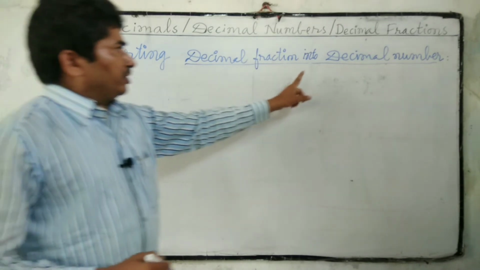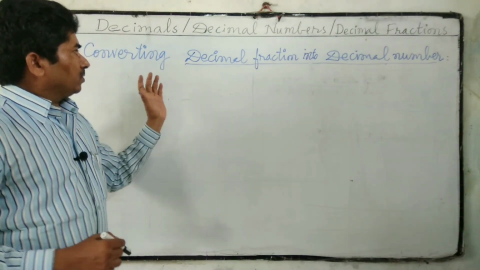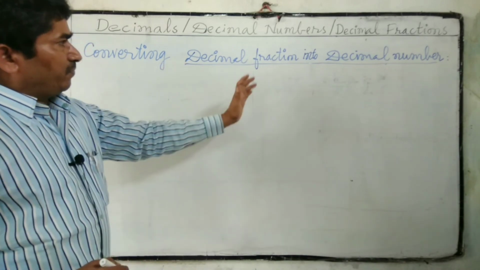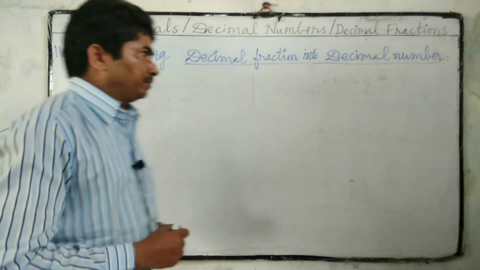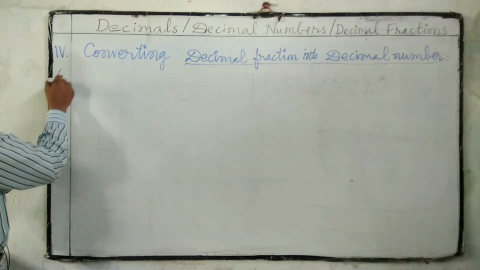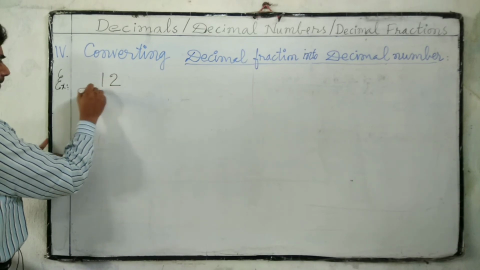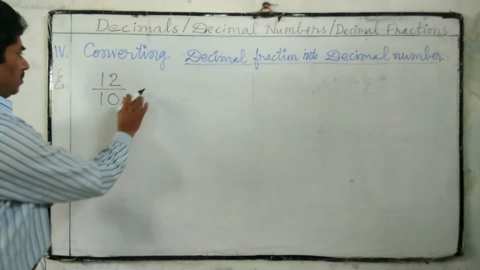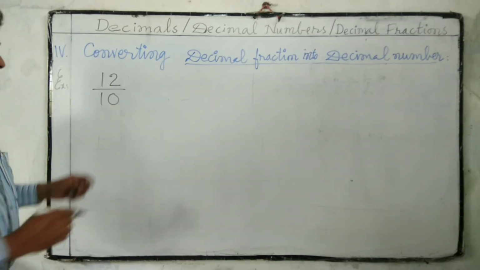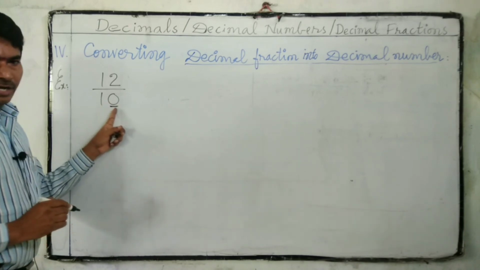Converting decimal fraction into decimal number. To understand converting decimal fraction into decimal number, let us see few examples. 12 by 10. First we have to count the zeros after 1 in the denominator.